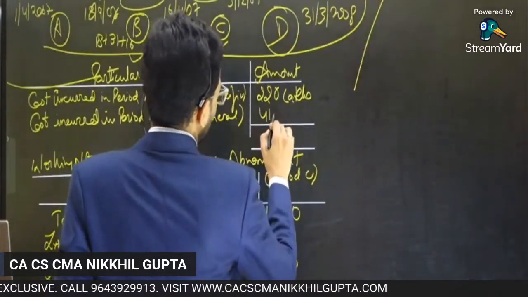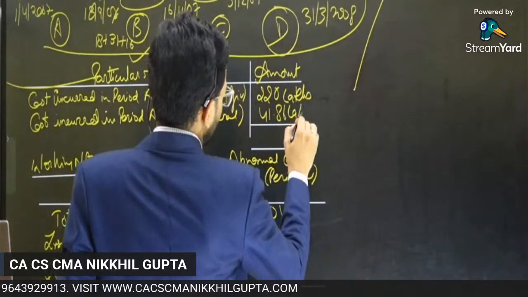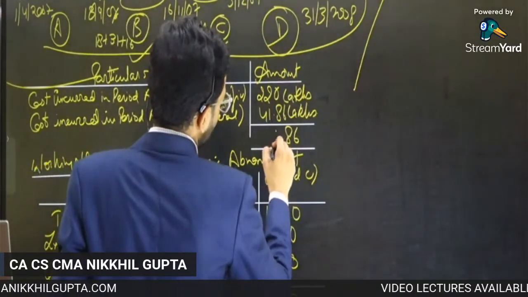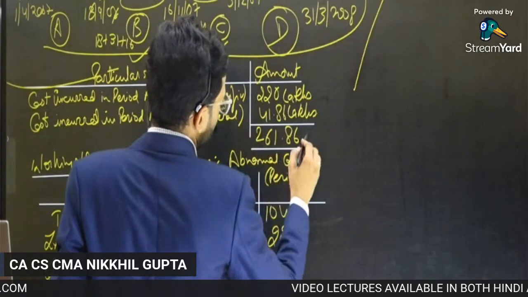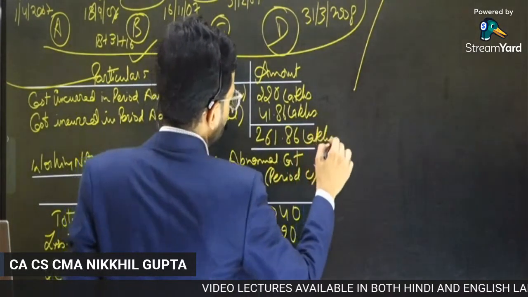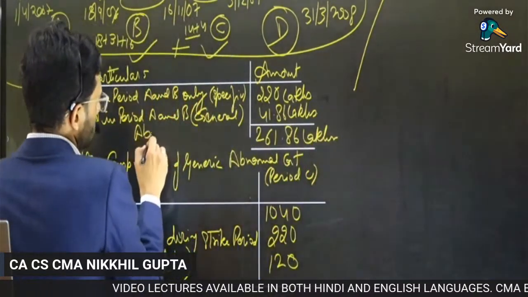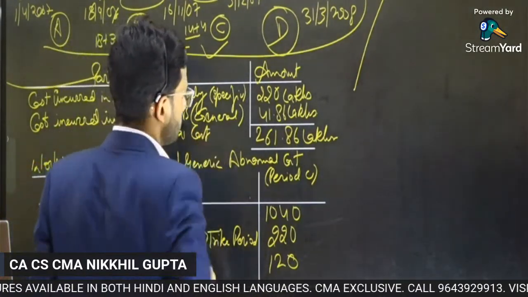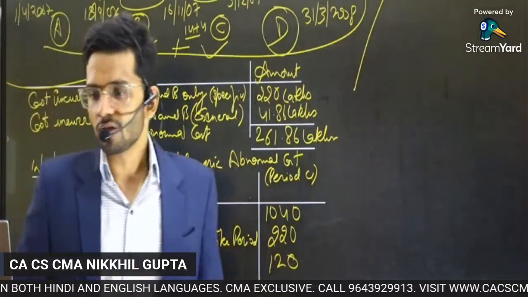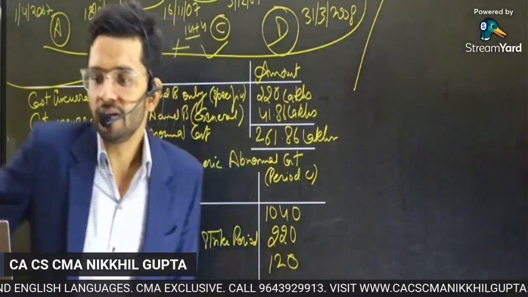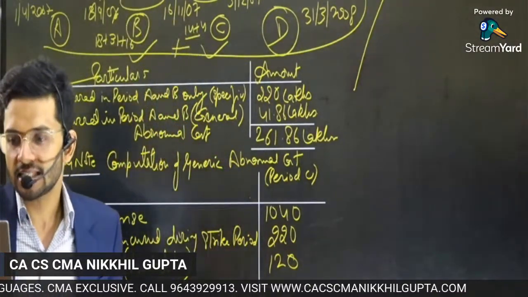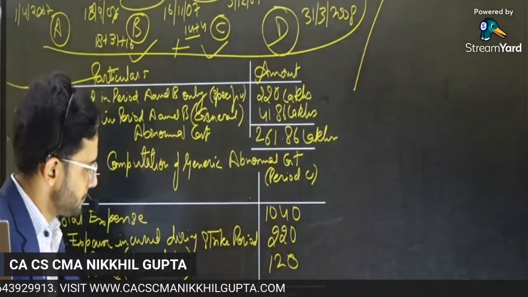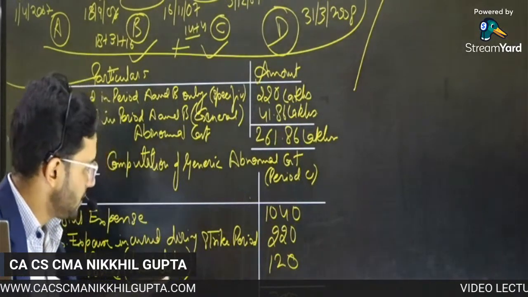So we'll write 41.86 lakhs over here. We'll just aggregate these two numbers. And here we've got the abnormal cost. The total abnormal cost which is computed over here is 261.86 lakhs. That is a very, very easy question.